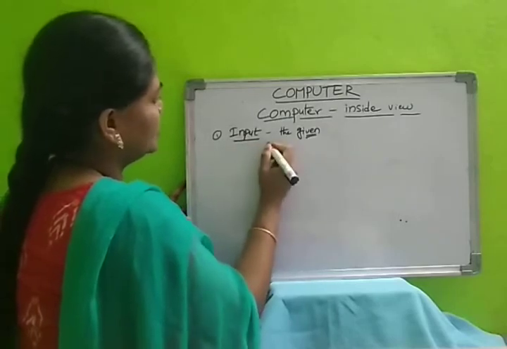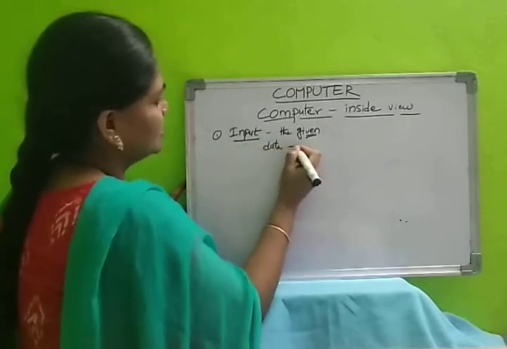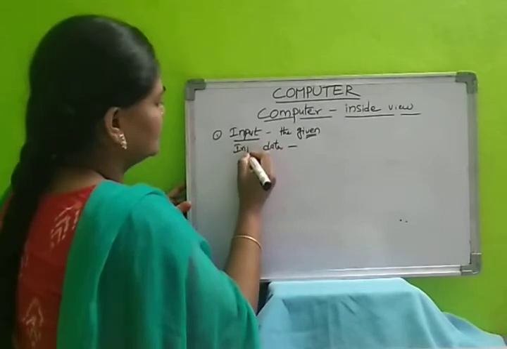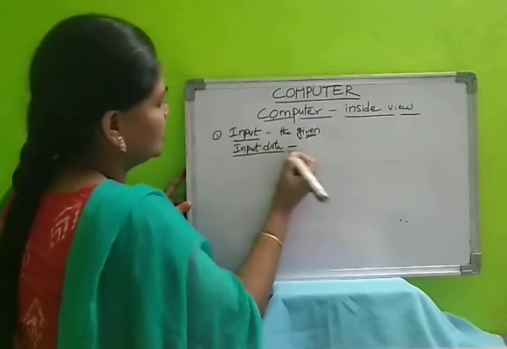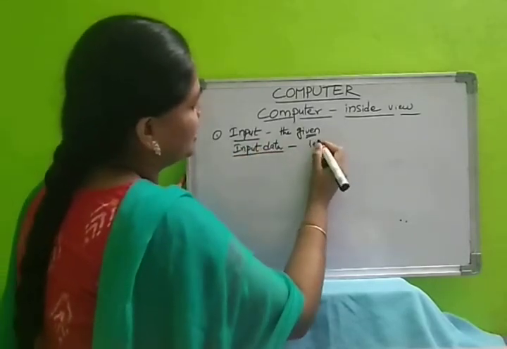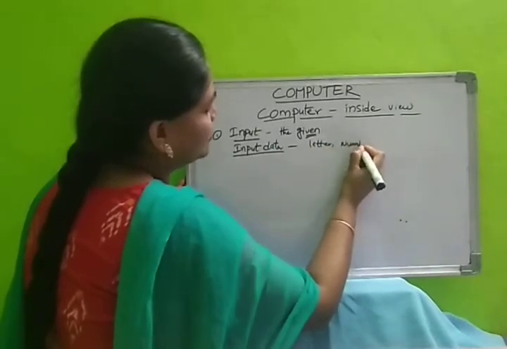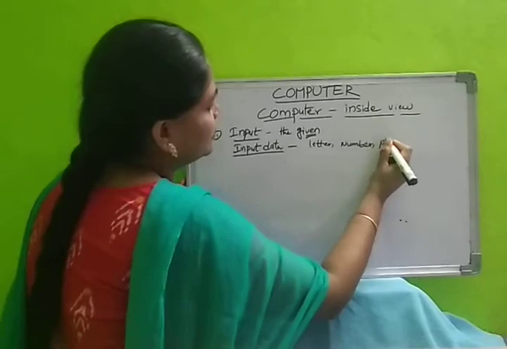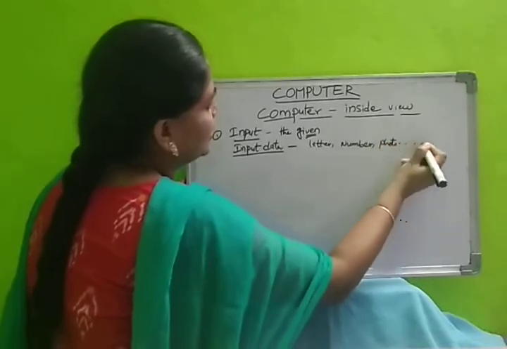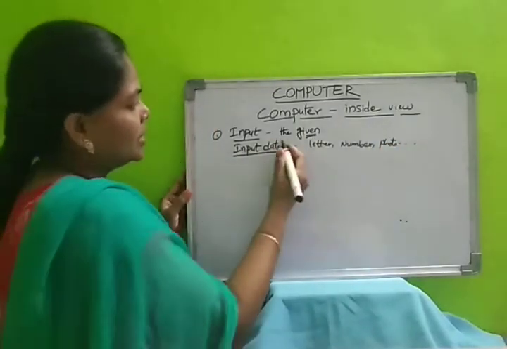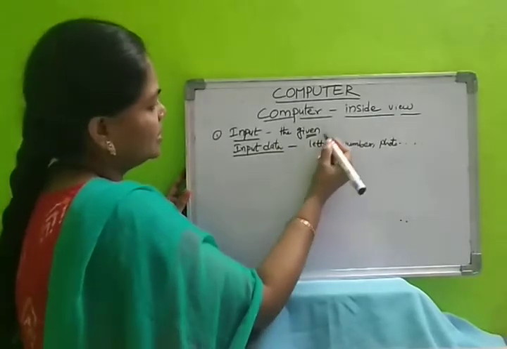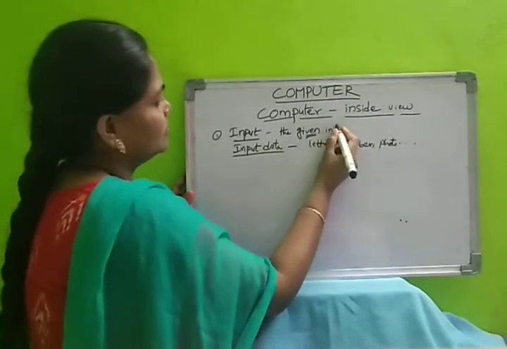So input data is that information, in whatever form. Whether it is a letter, a number, a photo or a file, that is called input data, the given information.